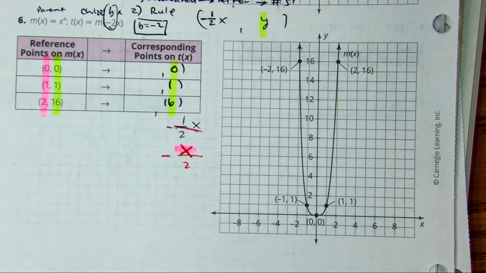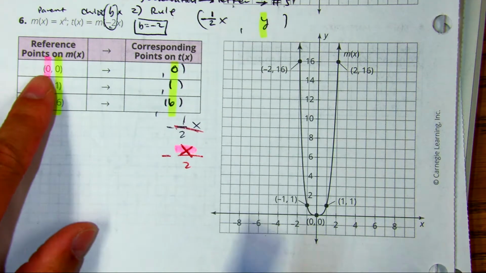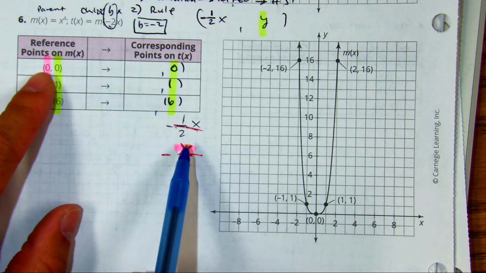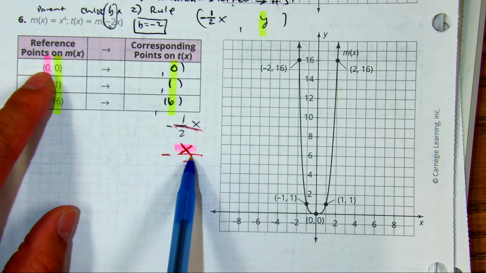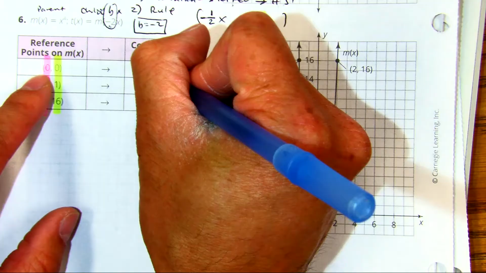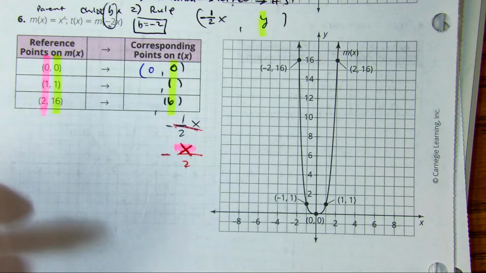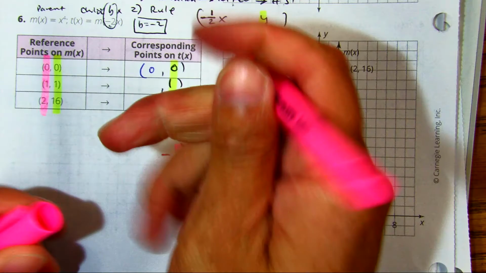Let's do that together, class. If I put in 0, class, what's 0 divided by 2? And the opposite of 0? 0. Remember, 0 is not positive nor negative.